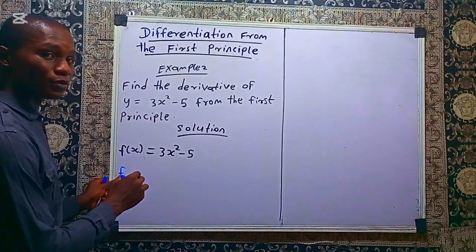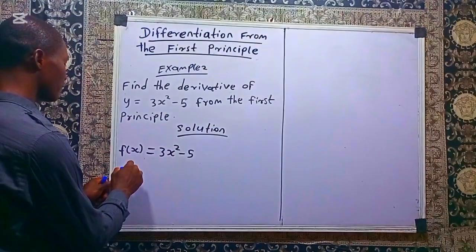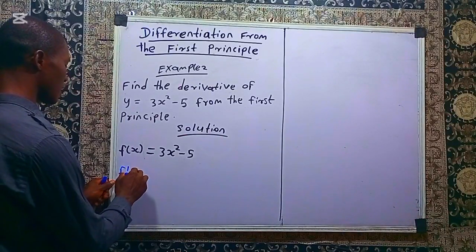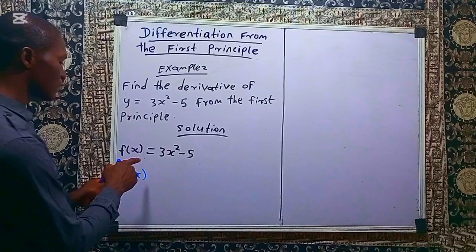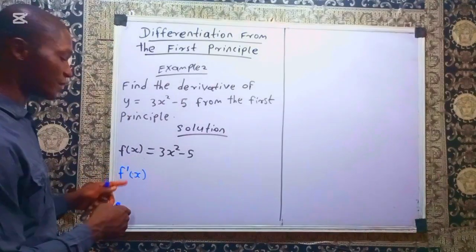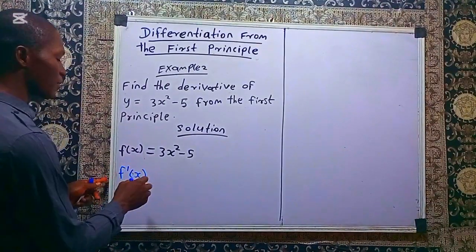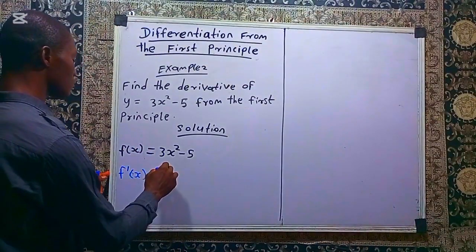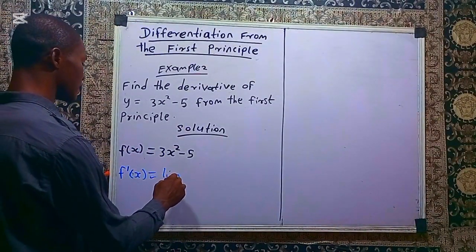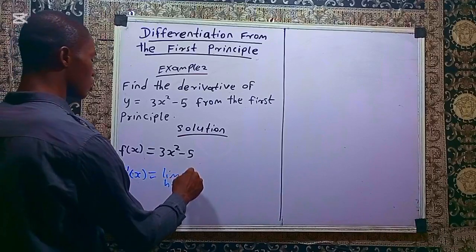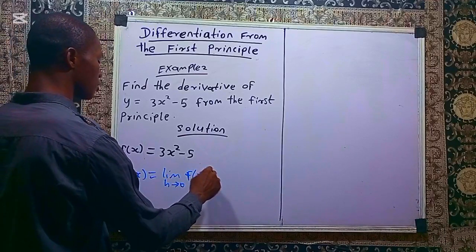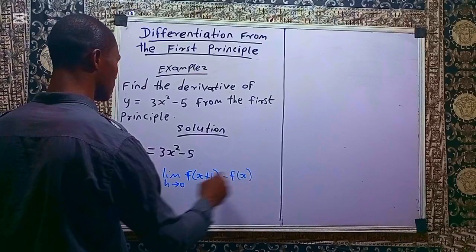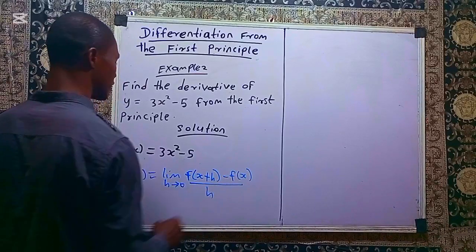By the first principle, the derivative of this function, we denote it by f prime of x, or you can just say dy dx, to be equal to the limit as h goes to 0 of f of x plus h minus f of x, all divided by h.